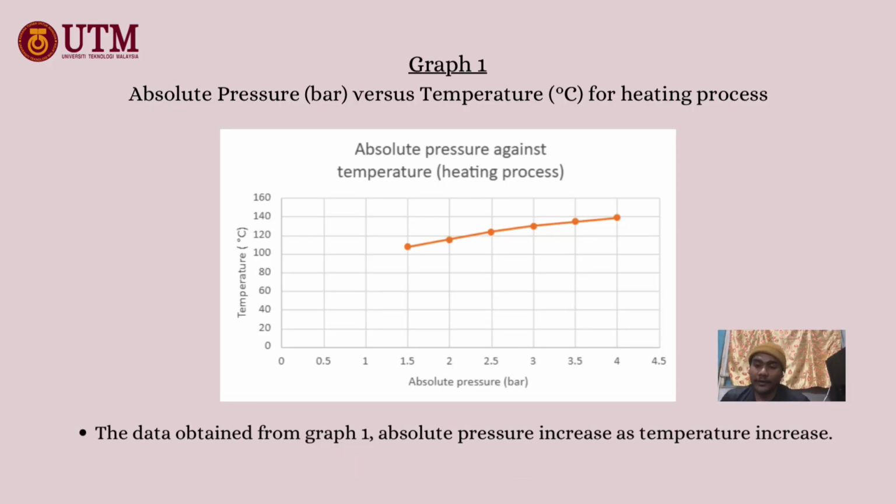Next, we move into the graph. In this slide, you can see graph 1, the absolute pressure in bar versus temperature in degrees Celsius for the heating process. In this graph, we can tell that the data obtained shows absolute pressure increases as temperature increases.